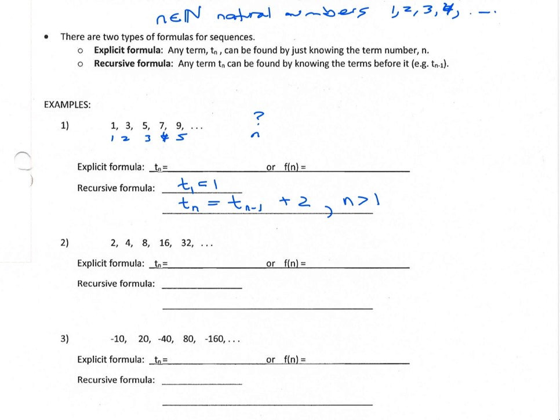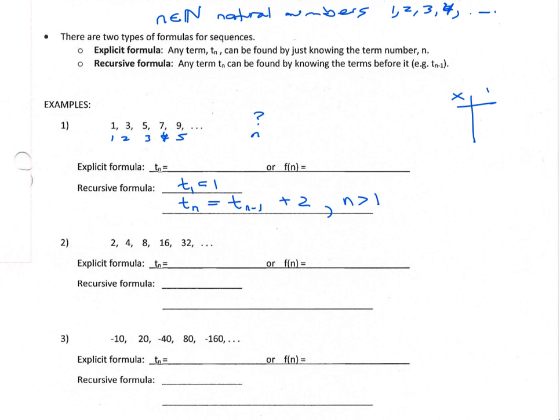So let's talk for a moment about explicit formula. Okay, so have a look at this sequence and see if you can figure out some kind of pattern between the term number and the term. Pause the video for a moment and see if you can figure out, if we didn't look at previous terms, how do we get it?